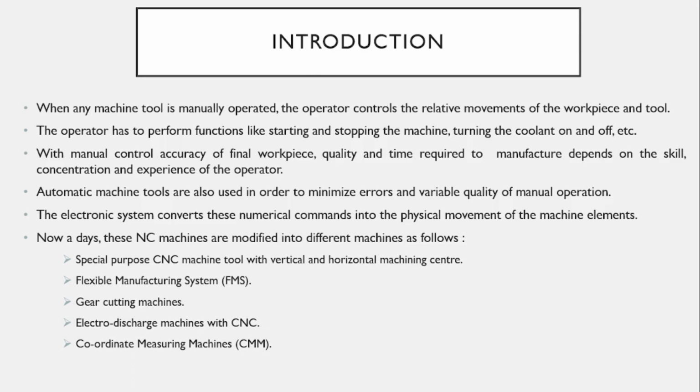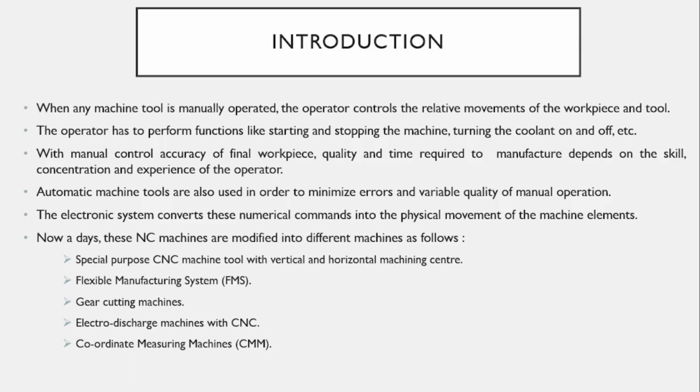When we use automatic machine tools, they minimize the errors and variable quality of manual operation. This electronic system converts these numerical commands into the physical movement of the machine tools.